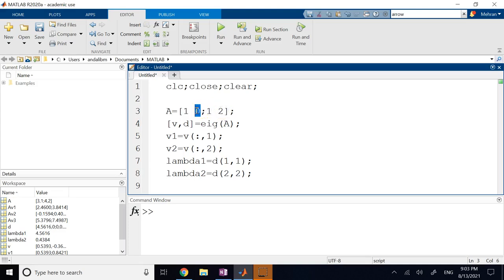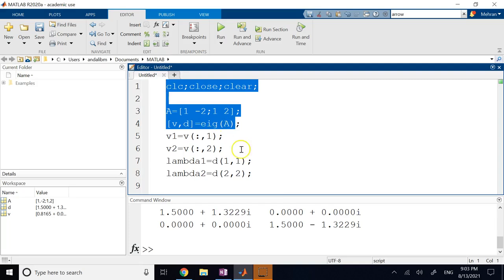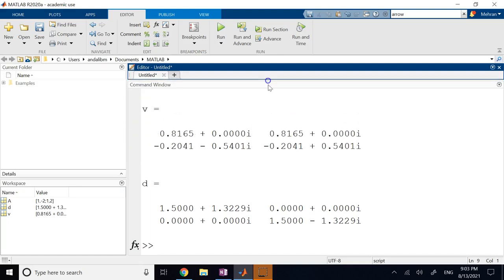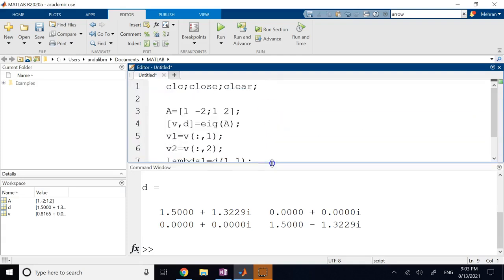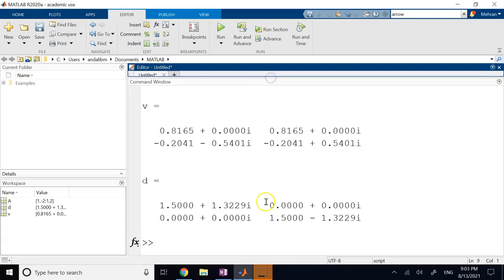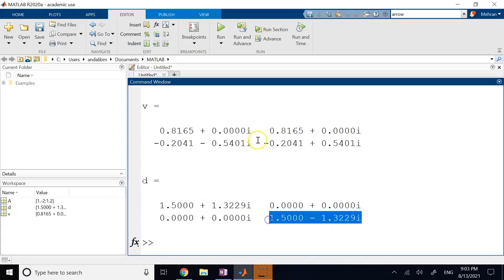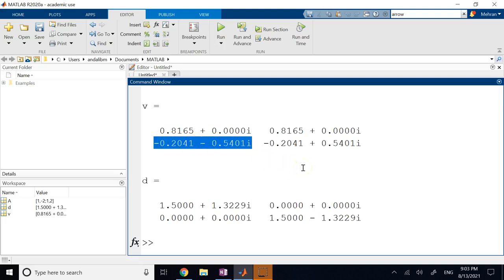So maybe we add a -2 here. And now if I just run this, you can see that the matrix A was 1, -2, 1, and 2. And if you look at the eigenvalues, they are complex numbers. And the eigenvectors are also complex numbers.